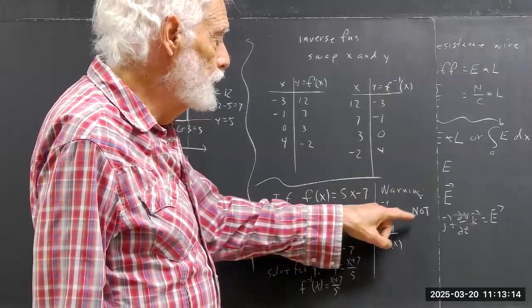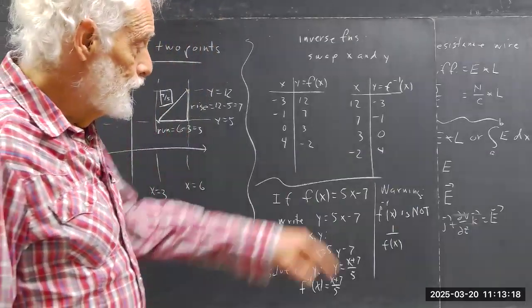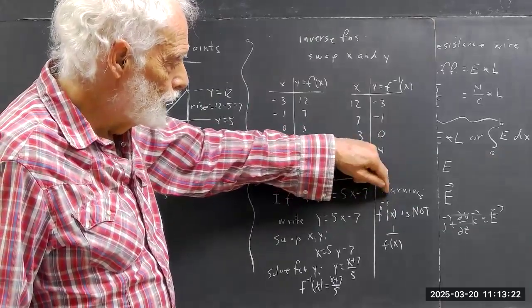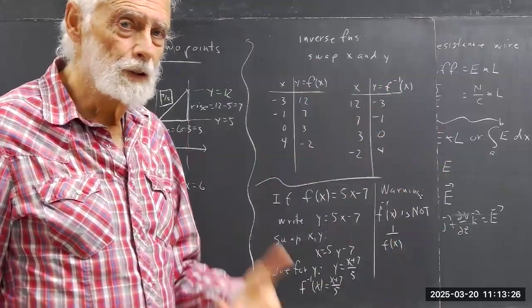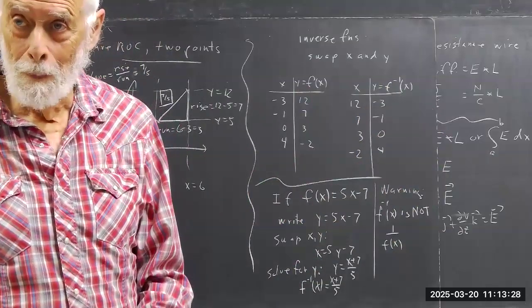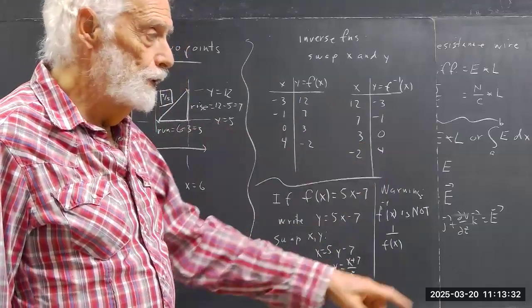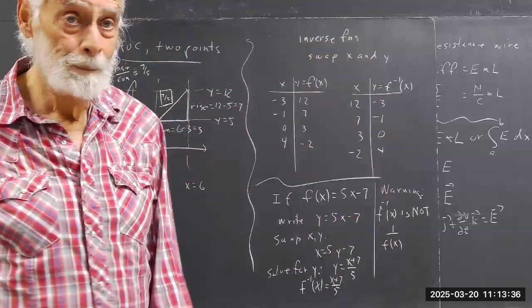Then a warning: f inverse of x is not 1 over f of x. I see why you would think that if you think f is some algebraic expression, but it's not. It's the name of a function. And putting a -1 on the name of a function means you take the inverse function, which is swapping x and y.